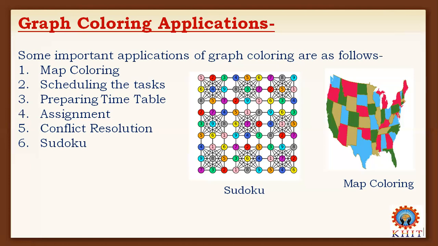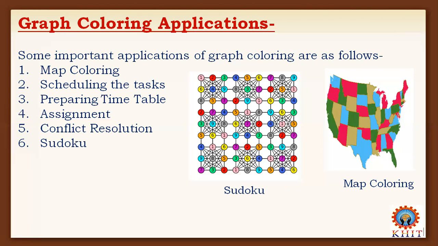If you want to schedule the master timetable for Monday, assume that there are different sections, section A, section B, and section C. To identify the master schedule in a distinct mode, you need to color it with different colors in a particular day. So the graph coloring problem works very efficiently whenever you are preparing master timetables. We also use the graph coloring problem for the preparation of assignments.